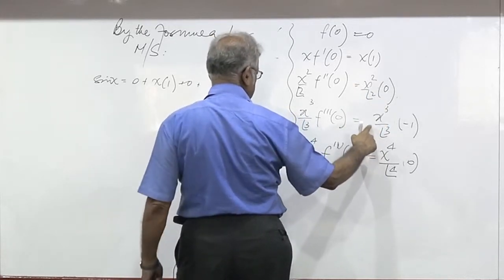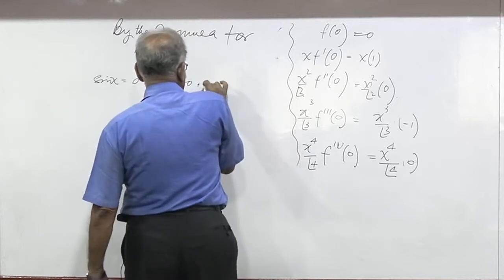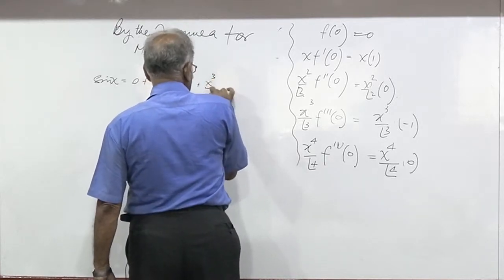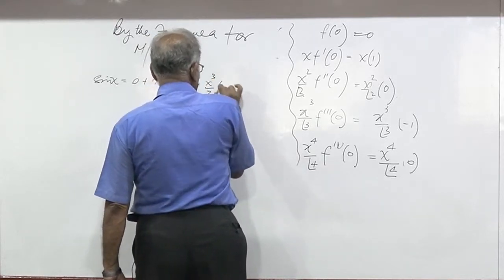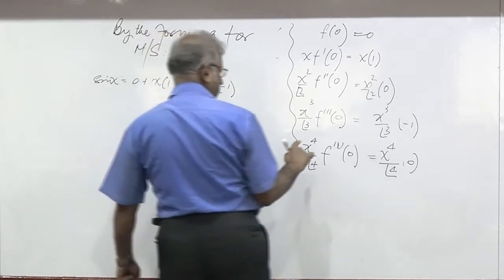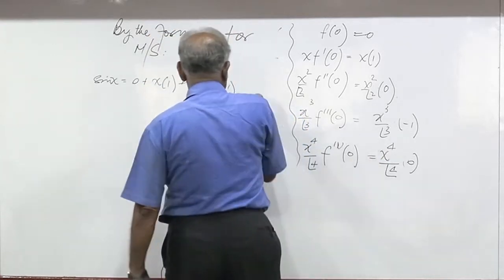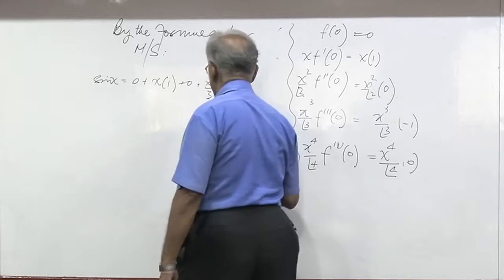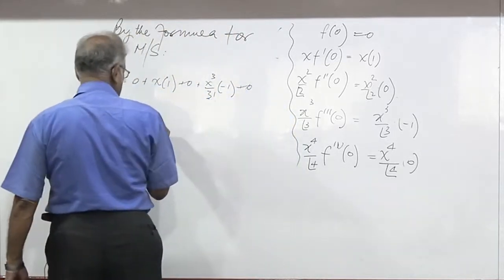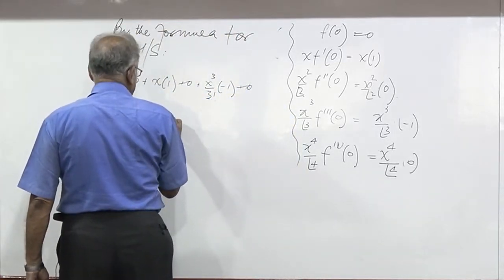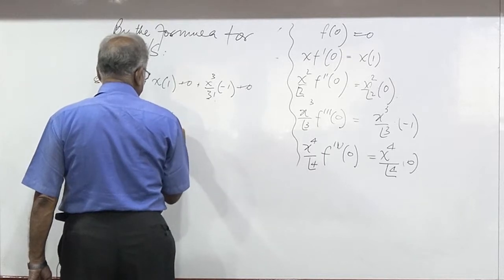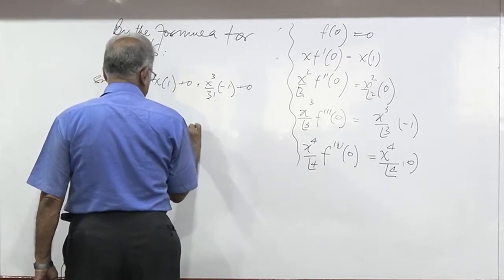So the next term is x cubed by factorial 3 into minus 1, next term is 0 plus 0. Next term will be x to the power of 5 by factorial 5 into plus 1.